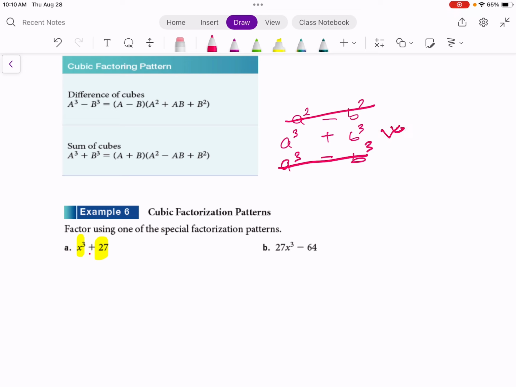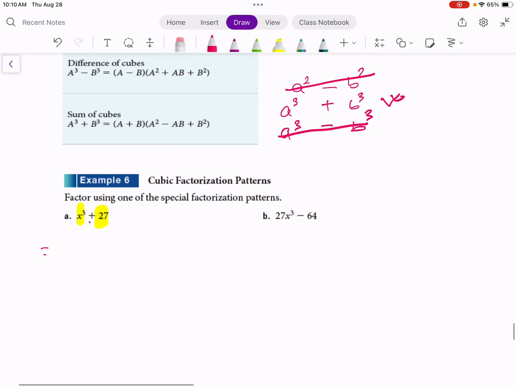Now let's rewrite this binomial as a sum of cube. We have x cube as it is. Now what about 27? Is there any way we can rewrite 27 as a cube of some number? 3 cube. So 27 is 3 cube. Now you compare this with a cube plus b cube.